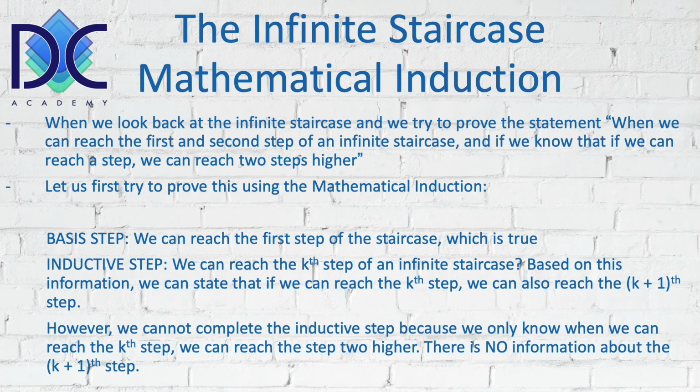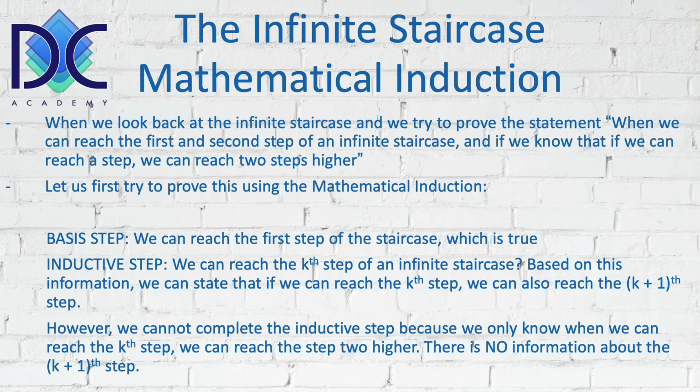Now, we cannot complete the inductive step because we only know that when we can reach the kth step, we can reach the step two higher. There is no information about that in the ordinary mathematical induction proof. We cannot prove this, because some elements are missing.